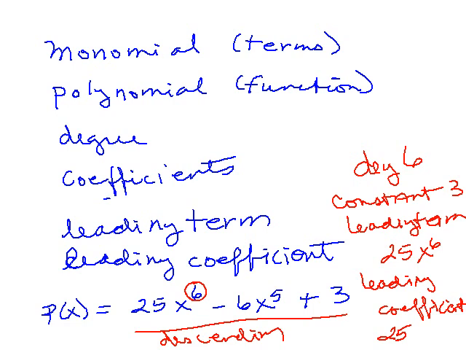That's descending order. To write it in ascending order, I would start with the 3, but still I would have that organization. I would go 3 minus x to the 5th plus 25x to the 6th. It's better not to mix up the different monomials with different terms, to organize them like that, and we're going to use descending order. So of course if you use descending order, it's obvious that the leading term is the first term, and so the word leading makes sense.